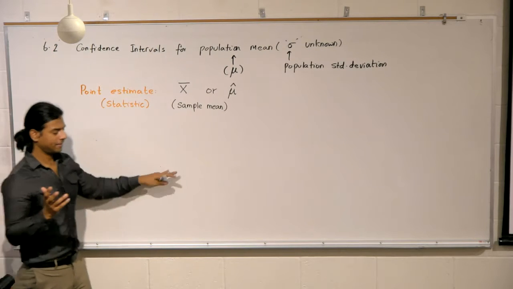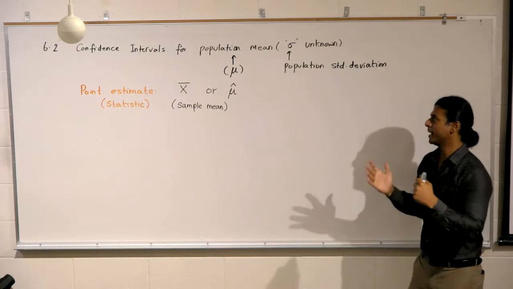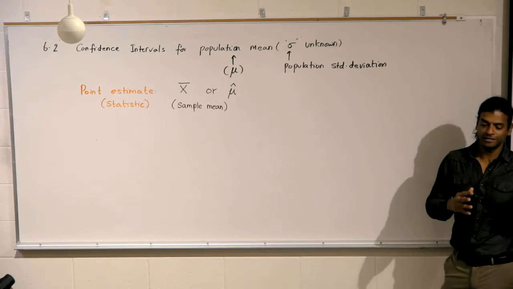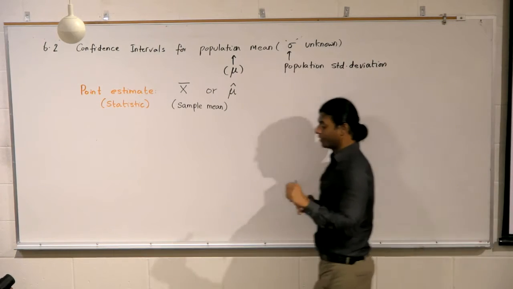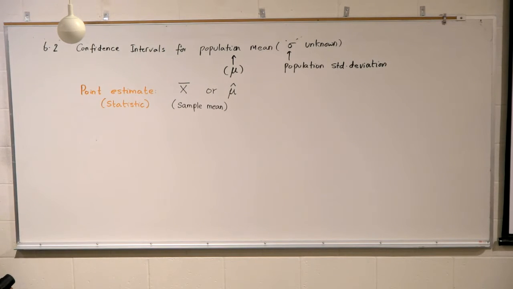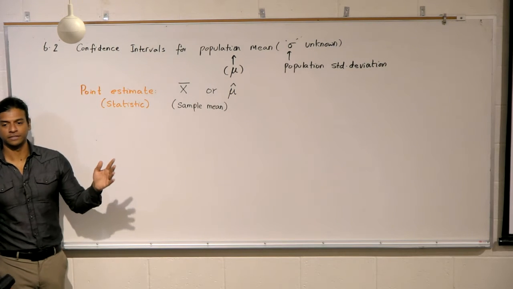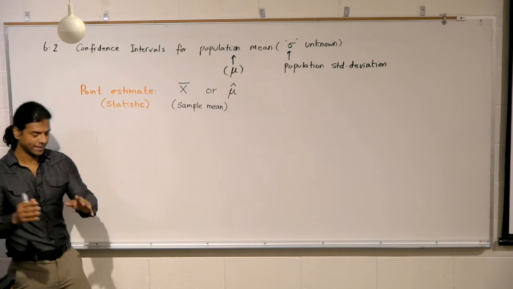Let's say the population mean of interest is the average amount an FTC student spends on coffee per week. But let's say I collected a sample and the sample gave me an answer of $22.87 per week.